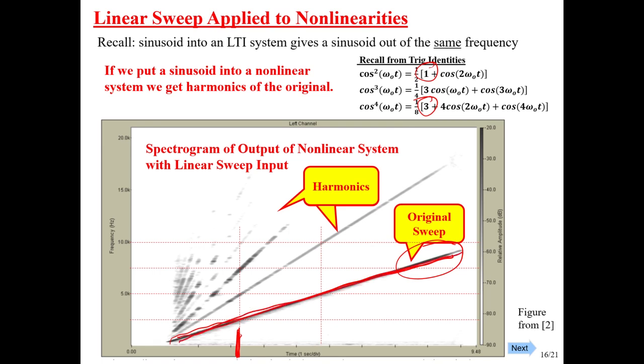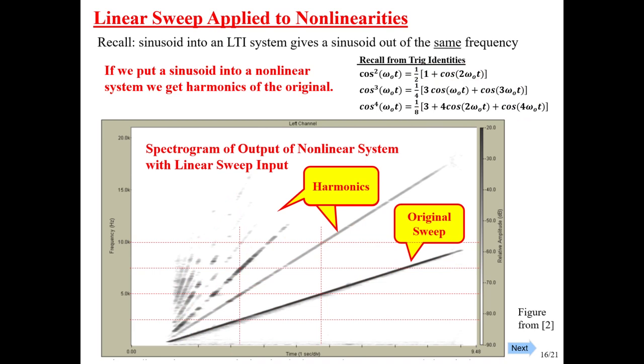But I'm also, at every instant of time, going to get double, triple, quadruple, etc. So what do I have? Here's a frequency. Here's double it, triple it, quadruple it, etc. So you see, you get these diagonal lines like this. Those will all be there, and they'll have different varying amplitudes.